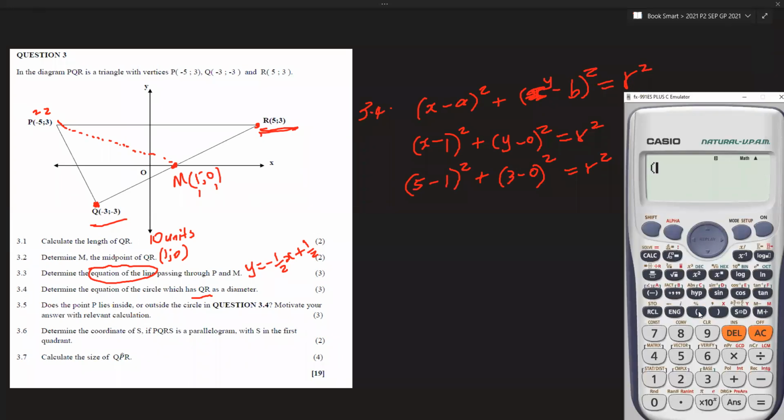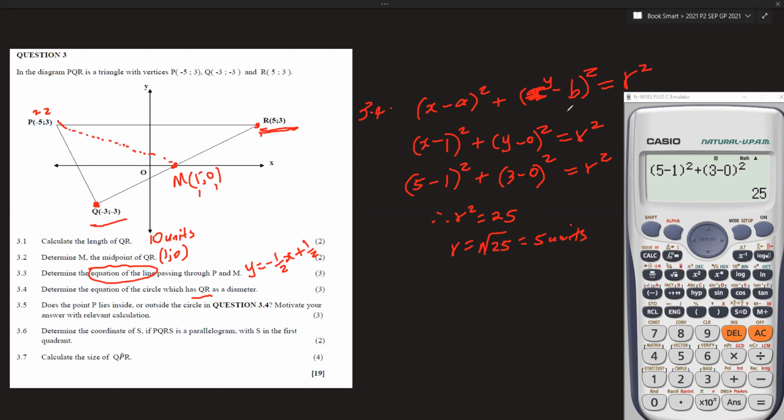So I have 5 minus 1 squared plus 3 minus 0 squared. That gives me 25. It means therefore r squared equals to 25. I can also get r. Therefore, r equals to square root of 25, which is 5 units.